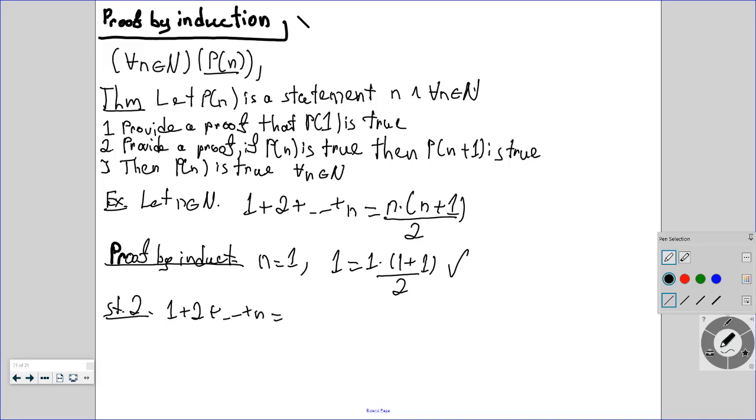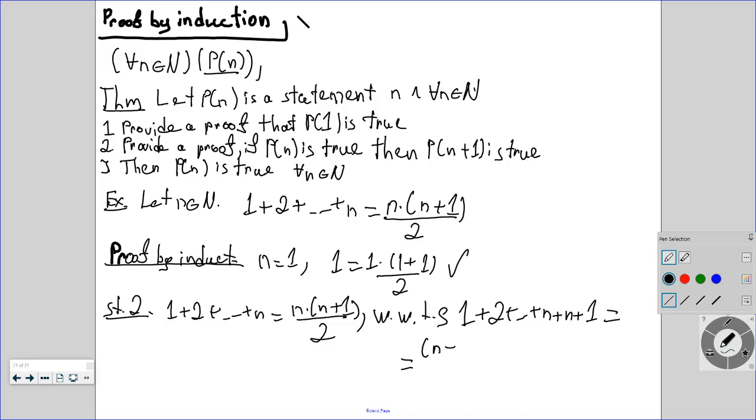So next, step 2: we suppose that 1 plus 2 plus ... plus n is equal to n times (n plus 1) over 2, then we want to show that 1 plus 2 plus ... plus n plus 1 is equal to (n plus 1) times (n plus 2) over 2.